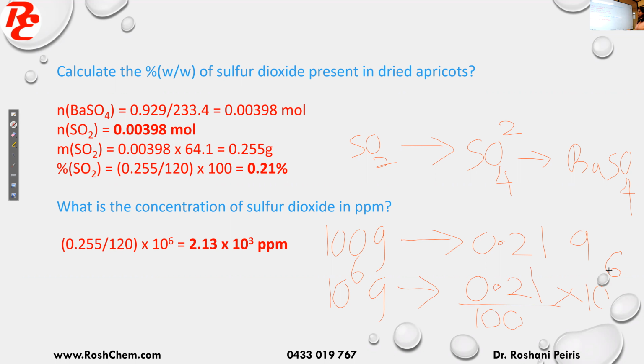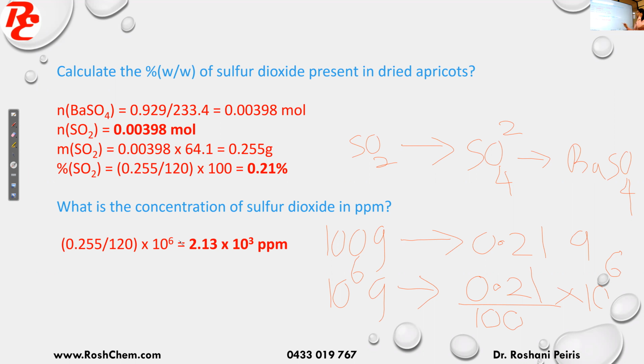Or else there is another method to do the same thing. What is the concentration of sulfur dioxide in ppm? I took 0.255, which is the mass of sulfur dioxide, and that mass is present in 120. So 0.255 divided by 120 will give you how much sulfur dioxide is present in 1 gram. Then you multiply it by 10 to the power 6, so you will get the same answer.